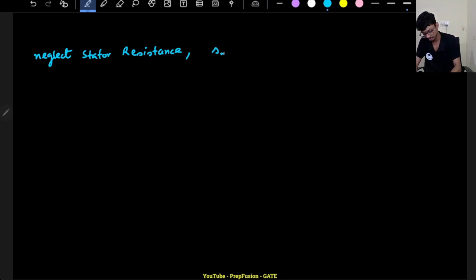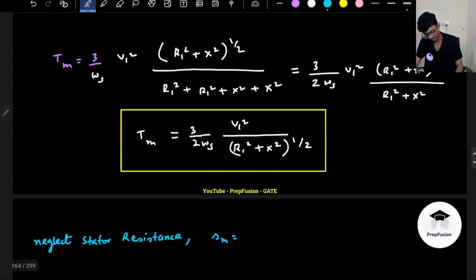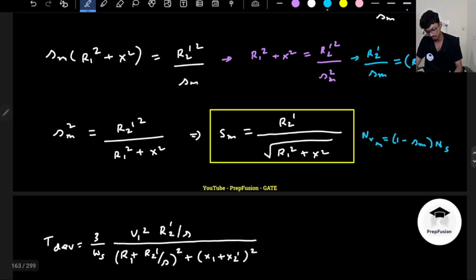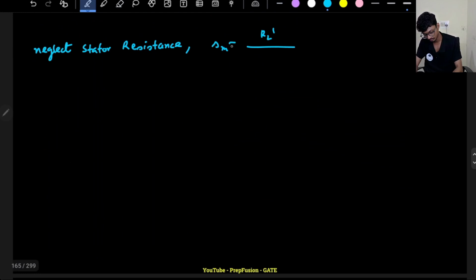So sm is equals to what? sm is equals to basically r2 dash divided by under root r1 whole square plus x whole square. So basically approximately the slip comes out to be r2 dash divided by x. Okay, this is what my approximate slip comes out.